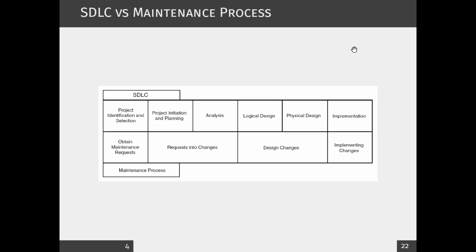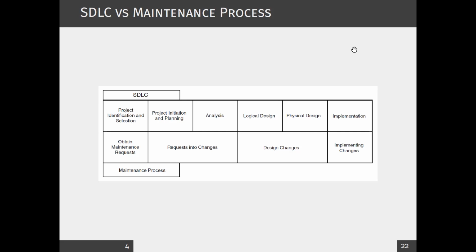In the software development life cycle, usually we start with identifying requirements, and then we plan, analyze, design, and implement. Similarly, in the maintenance process we also have similar stages.